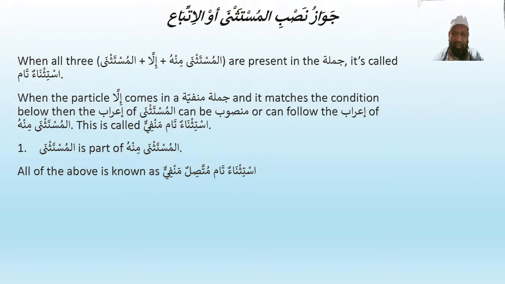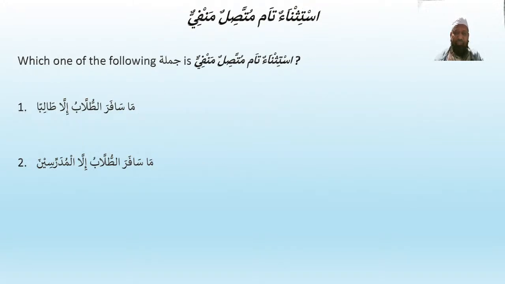If al-mustasna is part of mustasna minhu or belongs to mustasna minhu, it is called muttasil. Okay, so let's have one example, then we'll understand from here. Which one of the following jumla is istithna'un, tamun, muttasilun, manfiyun? Can anyone answer me?